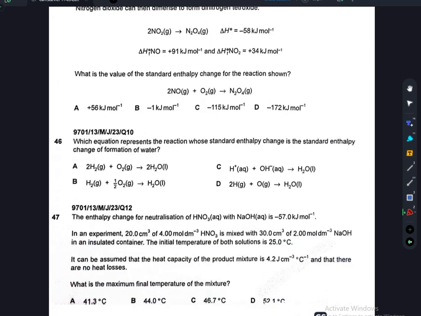I will be doing 45 later. On 46, which equation represents the standard enthalpy change of formation of water? So for enthalpy change of formation of water is 1 mole of products. So you ignore first D. First of all, 1 mole of products is formed from its reactants at standard temperature pressure in their normal physical states.